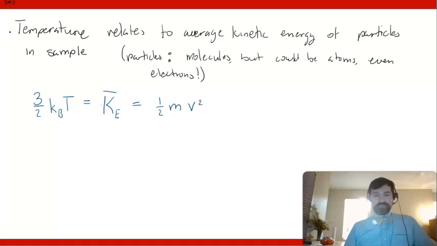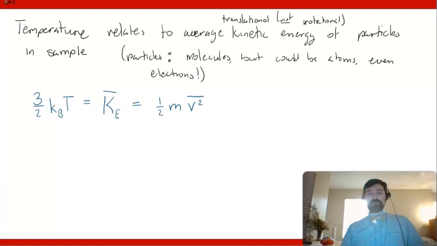So it's the average of the square of the speeds. And I should note that when we say average kinetic energy, we specifically mean translational, not rotational. So not rotational here. There is not a 1/2 I omega squared term to go with this.